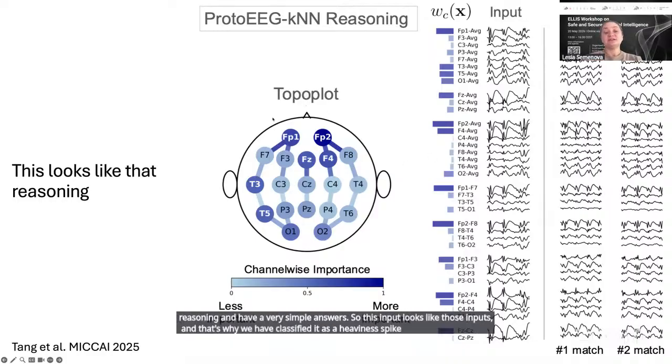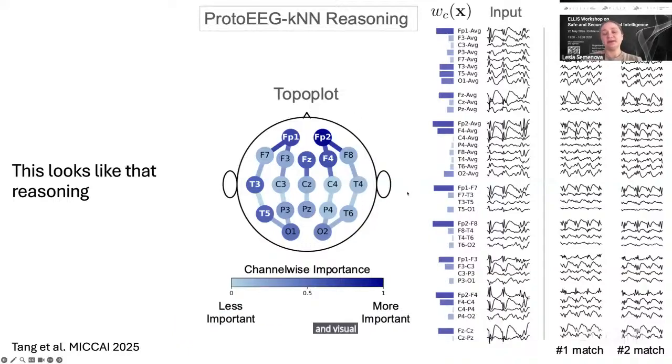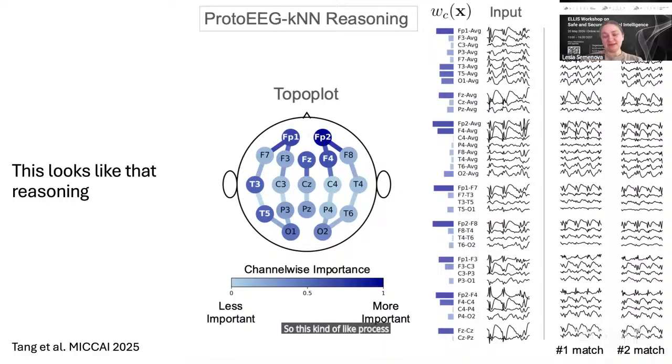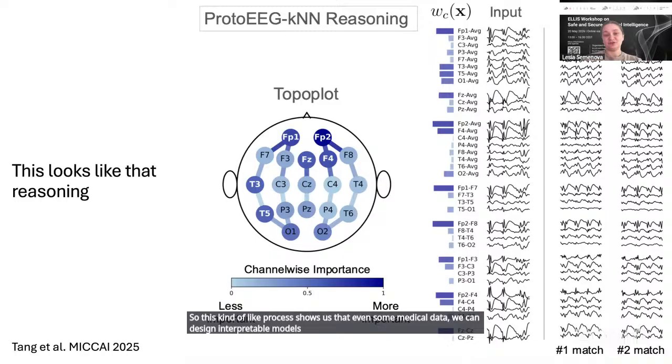Further, we could study by channels and visualize a topographic plot of where in the brain it could possibly occur, which was very interesting for our doctors as it aligned with their domain knowledge. This process shows us that even given medical data, we can design interpretable models to help doctors understand and analyze the data.